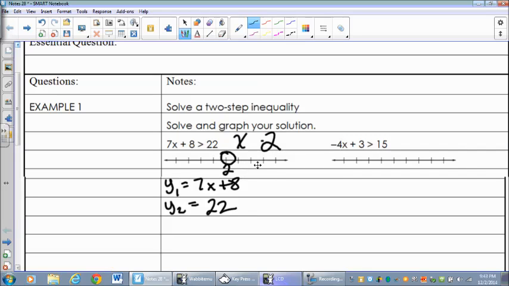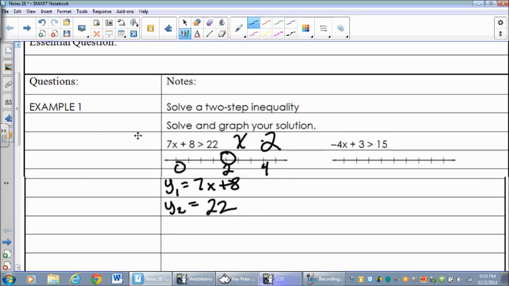And then to the right, it's not numbered at all, so I just need to pick a number that's bigger than 2. So I can do 4. And I need a number to the left that is smaller than 2, so I'm going to pick 0 and just place it somewhere over to the side. I don't need to know exactly where. And then I need a test. I need to test these values in my equation here.